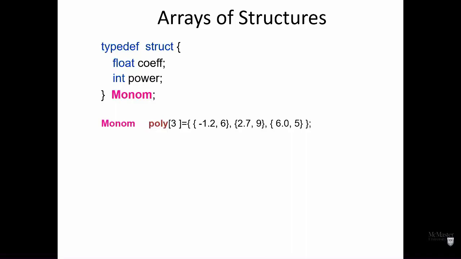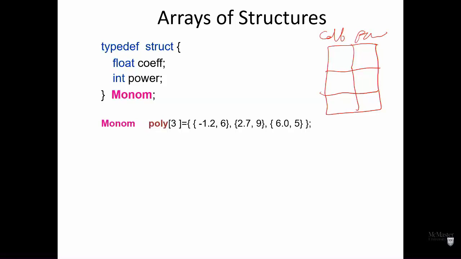Think of this, if you define this poly thing. It has 3 elements, right? But inside each element, you actually have 2 things, right? One is the coefficient, the other one is the power.